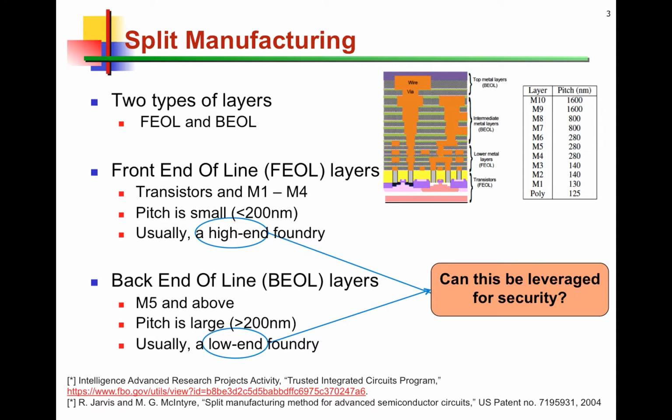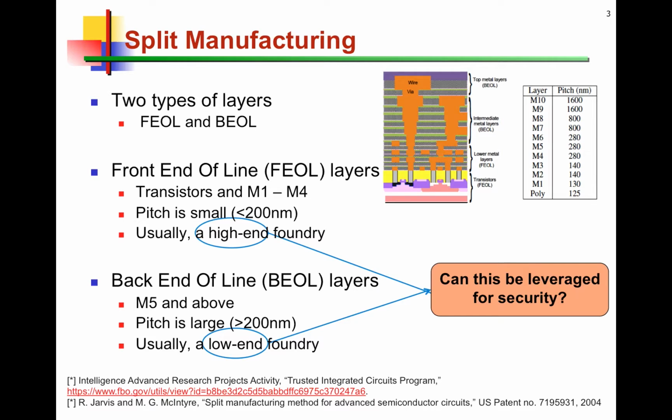The question is, now that we understand that there are trust issues and we cannot fully trust these foundries, can this asymmetry be leveraged for security? The fact that the FEOL layers are difficult to manufacture, but BEOL layers are easier to manufacture. Can this be leveraged for security? And that's what IARPA has been promoting.